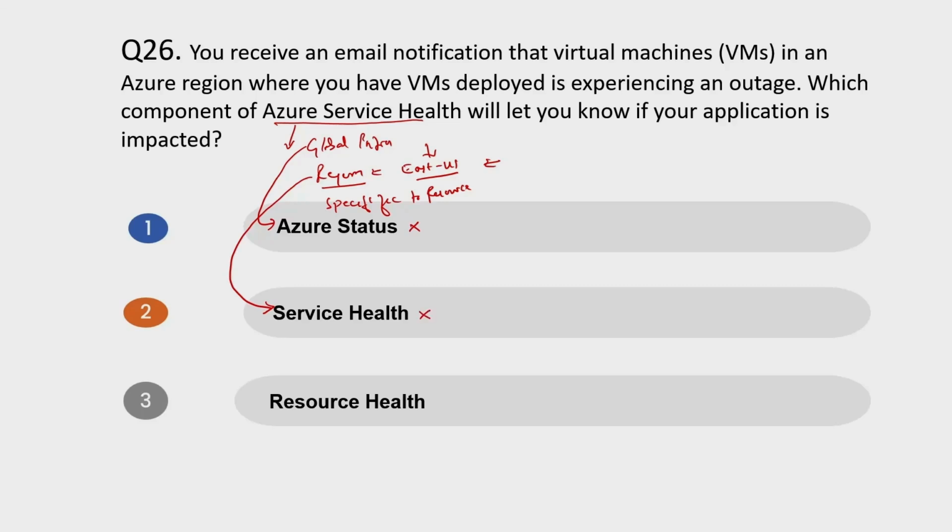If you want to check specific to our individual resources, and if that resource is experiencing any issues or outage, then we can use Resource Health to identify the issues. So this will be the right answer.